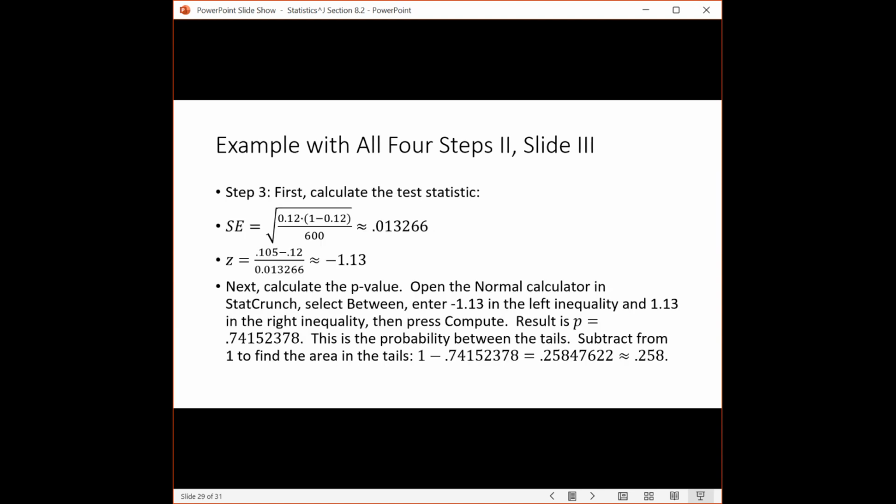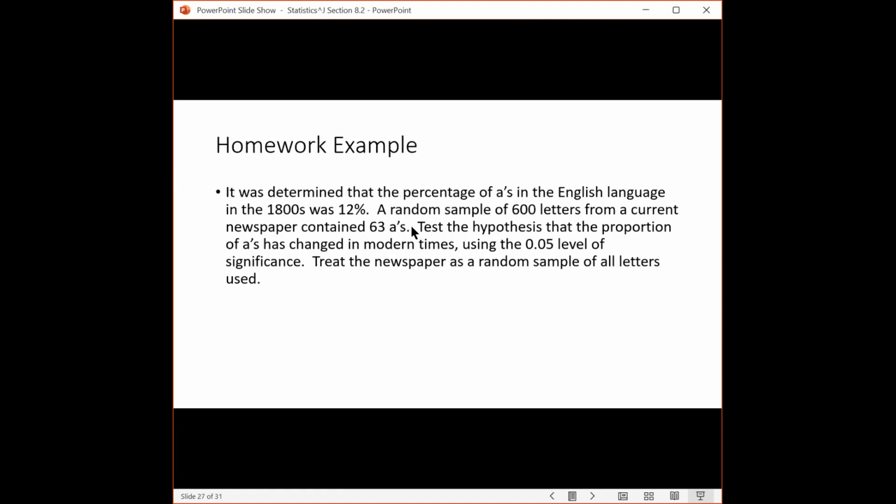All right, so calculate the test statistic by taking the population proportion here and here, the sample size there, just plug it in, take that number, that's the denominator, that's the standard error. Put the sample proportion here, that 0.105. Where'd that come from? 63 divided by 600, so we got 63 successes versus 600 total.